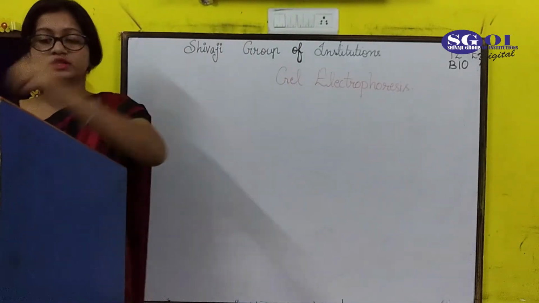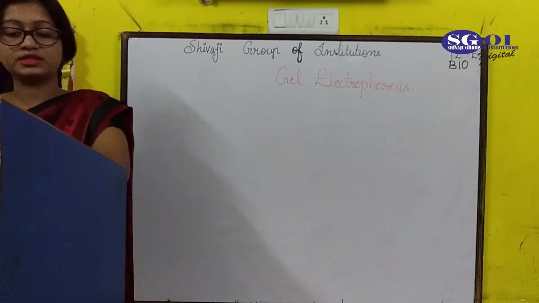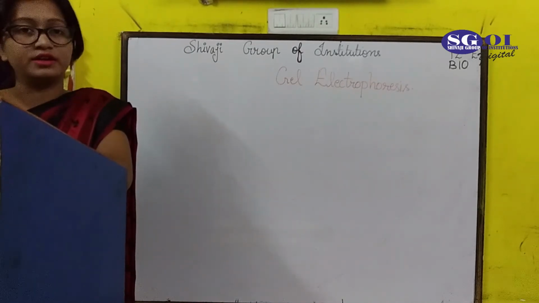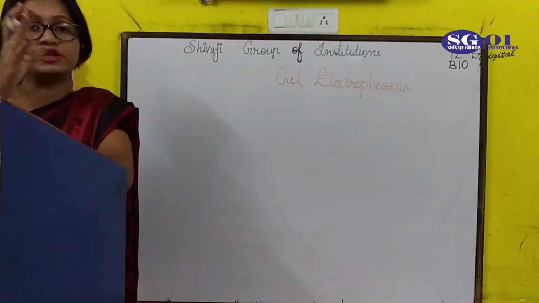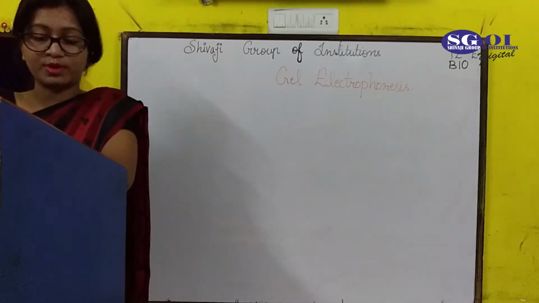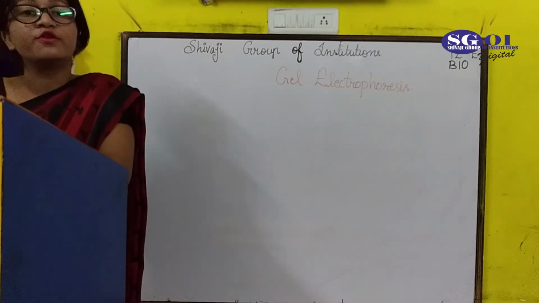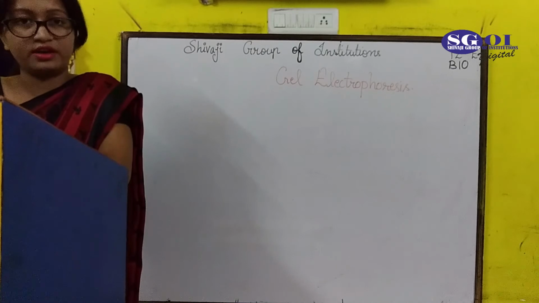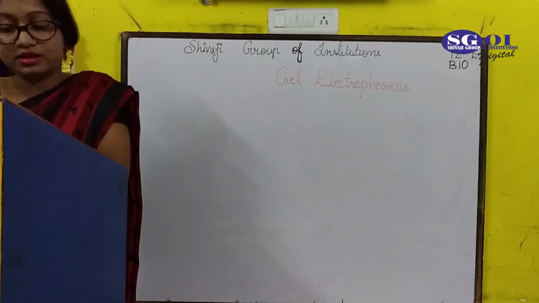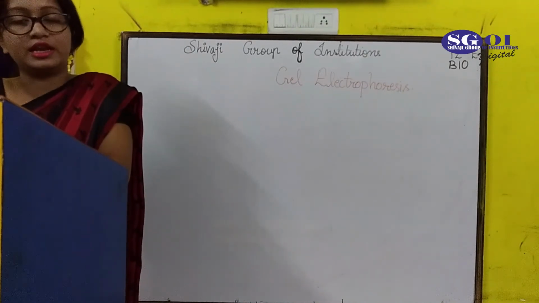This is the technique in which the separation and isolation of DNA fragments is done. The cutting of DNA is done by restriction enzymes, and that cutting results in fragments of different parts of DNA, which are separated by a technique called gel electrophoresis.